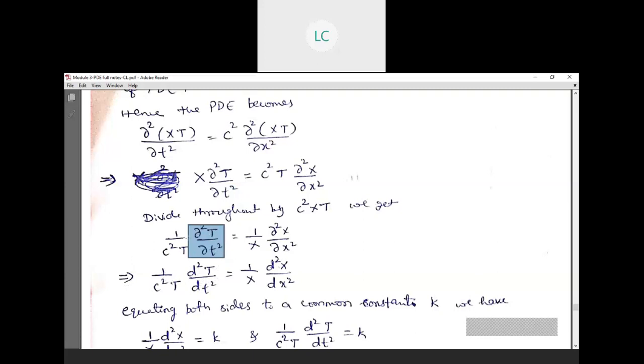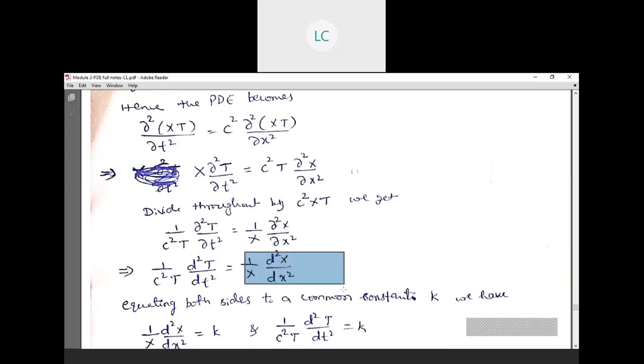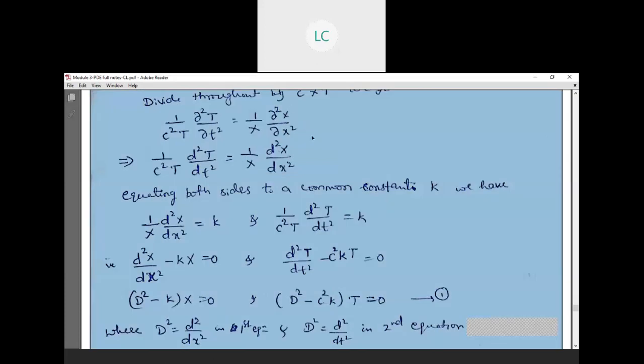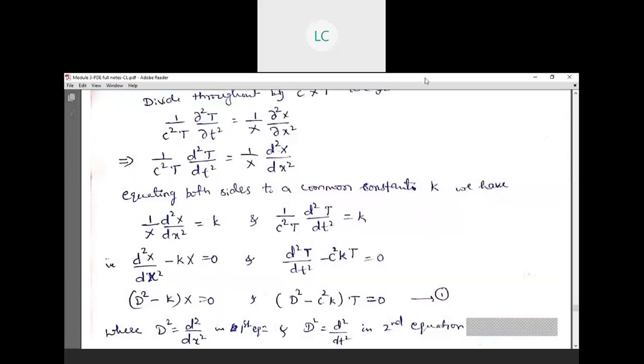That's why I wrote the PDE in terms of an ODE. The same thing we can write on the RHS also. Now I am going to equate both expressions to k, which we can do by the ratio property. So (1/X) d²X/dx² is equal to k, and (1/(c²T)) d²T/dt² is equal to k.